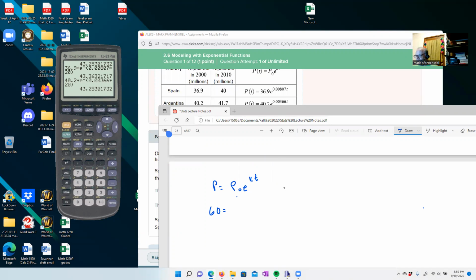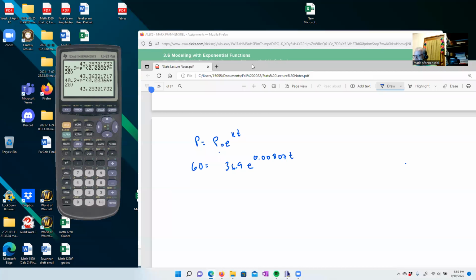Okay, so this is going to be 60 equals 36.9 times e to the 0.00807t. Okay, and we're going to be solving for t here.